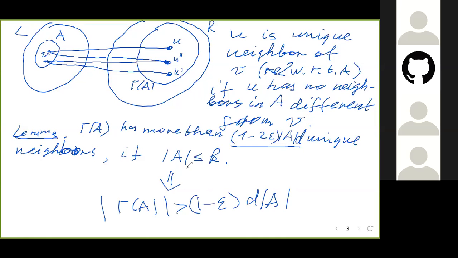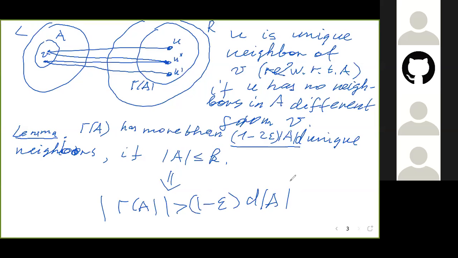Nodes. But look, if we have some non-unique neighbor, then d times A is obtained if we count the total number of edges.